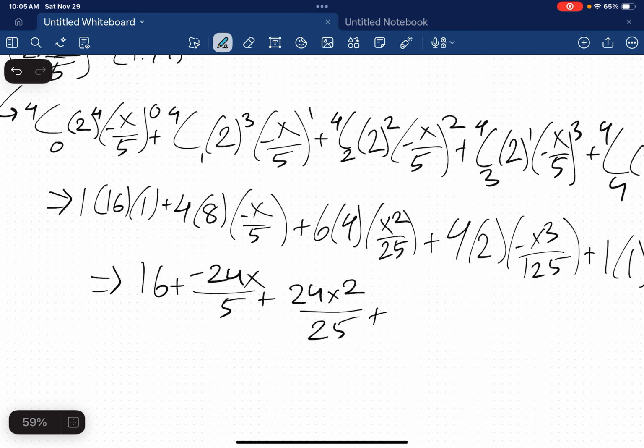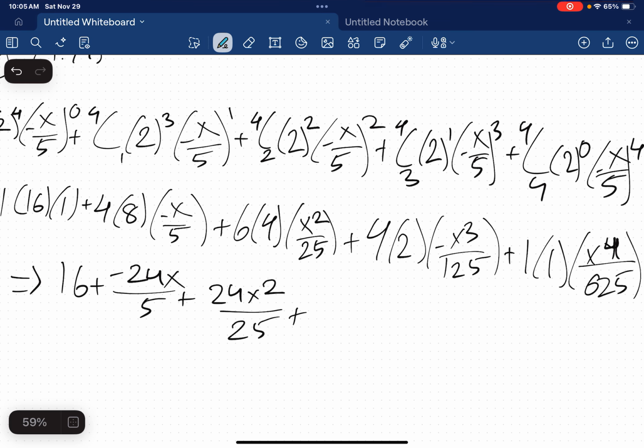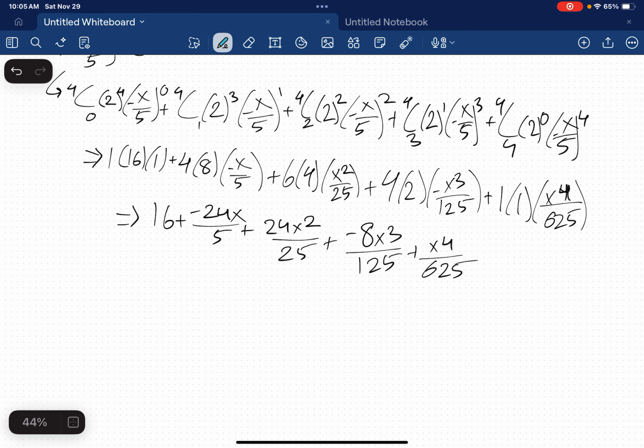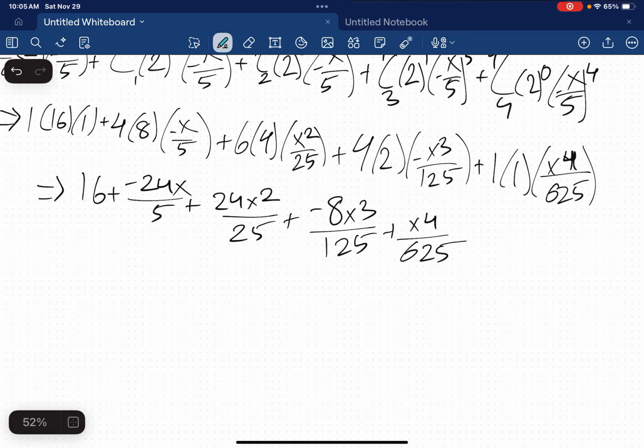Over 25 plus negative 8x cubed over 125 plus x to the 4th over 625. And that's our answer, right? Yep, that is our answer. I'll just start it off this term up here and just make it look a bit simpler.